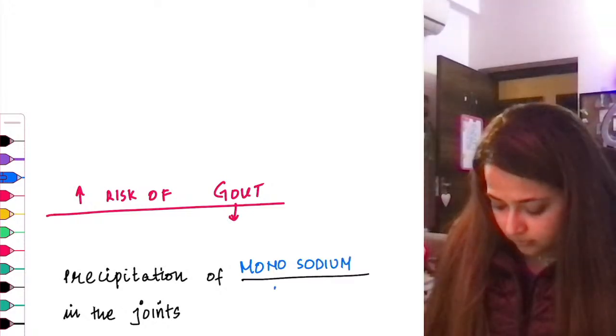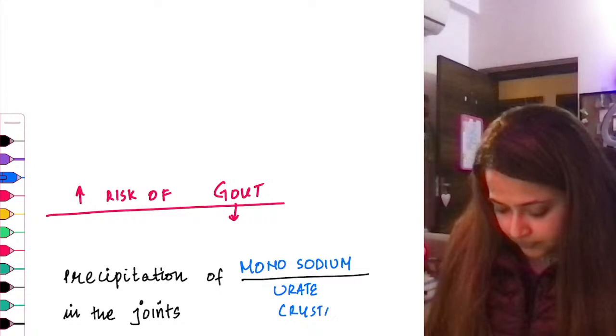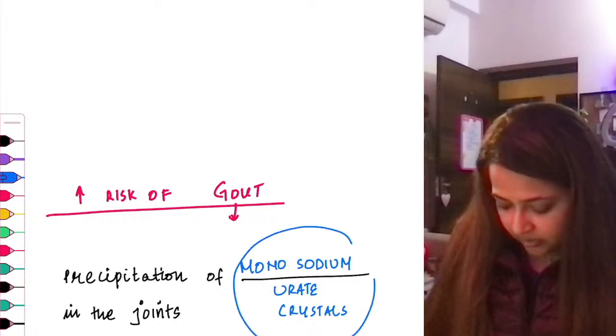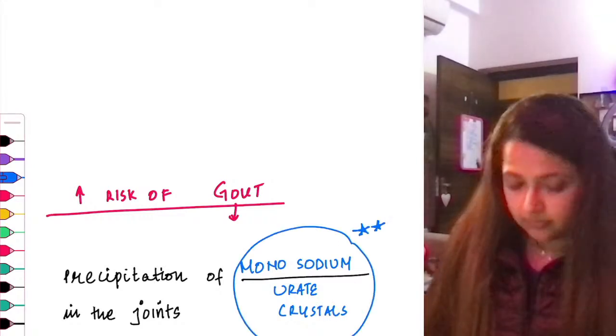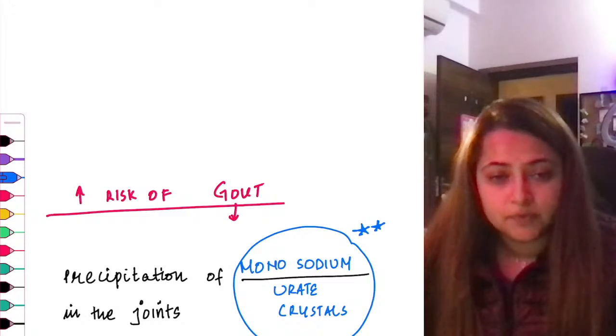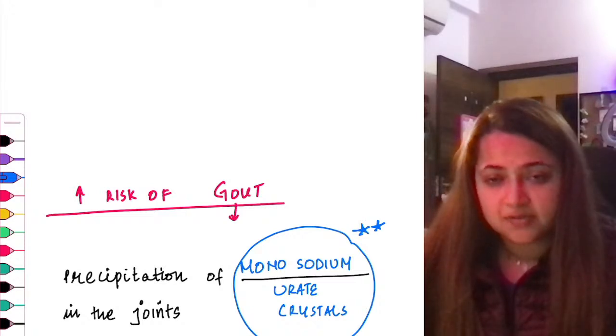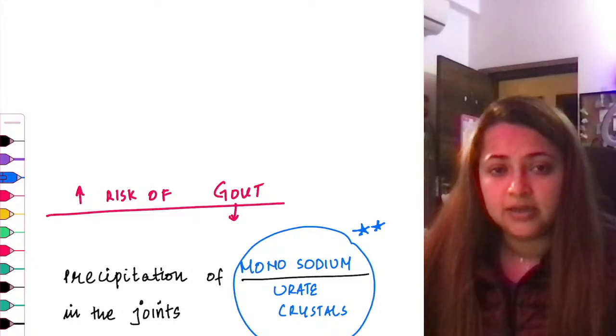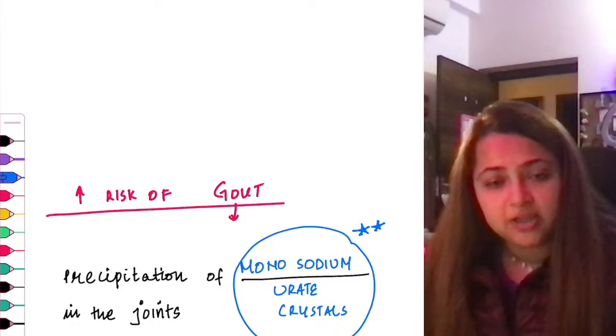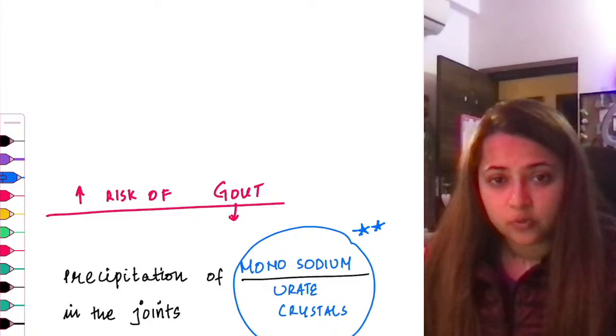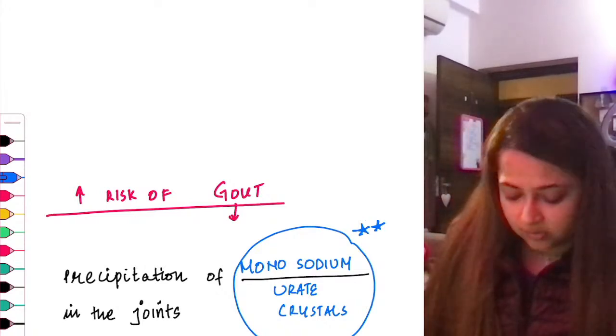Monosodium urate crystals. So remember this. The precipitation of monosodium urate crystals in the joints is what is happening in gout. And this occurs due to fluctuating levels. Guys, remember, gout is not just due to increased levels of uric acid. There is a difference.